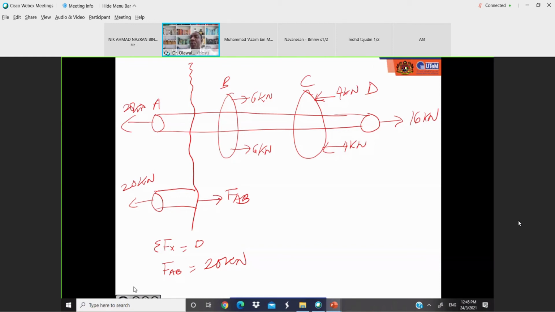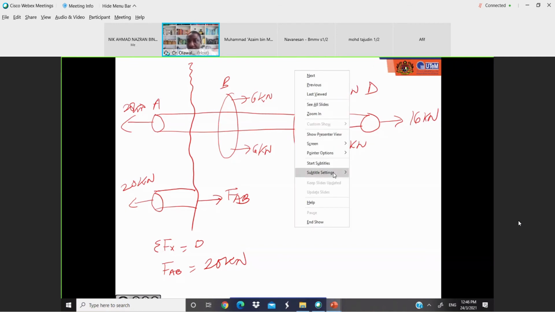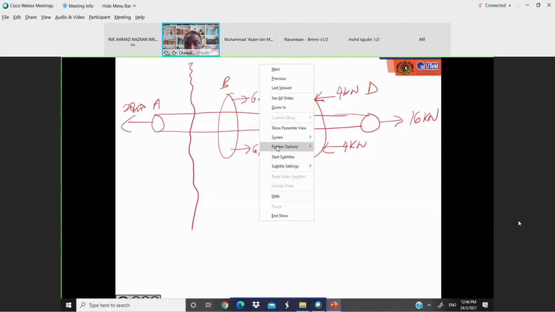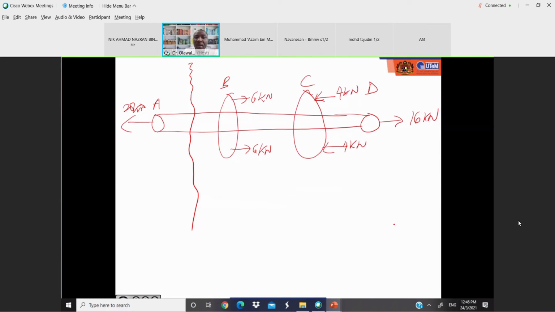Okay. Now I'm going to do from the right. Let's see from the right now. Sorry, I'm doing this so I can have space to explain for you. So if you are writing, you need to write fast. Now I'm going to do the same thing from the right. I will go from here up until this point. I cannot stop only here. From the right, from here to here. This is 16 kN.